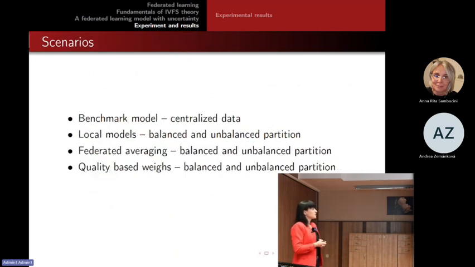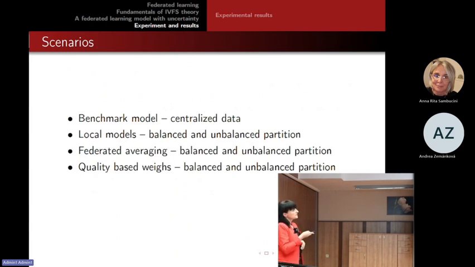And our scenarios for experiments are the following. Firstly, we check centralized data, all data, so we have what we called the benchmark model. Next, in the second scenario, we check local models after the division, when we have three parts of our data, and we check effectiveness for each separately, without federation, with balanced and unbalanced data.